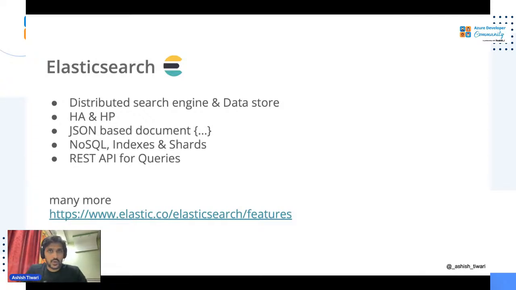Of course, it's NoSQL. There is no fixed structure, and the data is stored in the form of indexes and shards. Basically, data is stored as JSON-based documents. You can make a search query and you will get the whole JSON. For querying, Elasticsearch provides REST APIs. You can hit them using curl, or we have multiple clients available for different languages: Java, PHP, Node, Go.